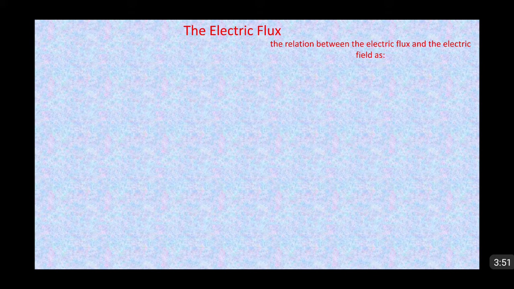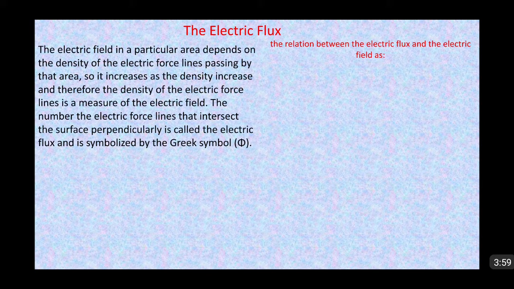The electric flux. The relation between the electrical flux and electrical field is as shown in the figure. I will show the formula. The electrical field in a particular area depends on the density of the electrical force lines passing through that area.